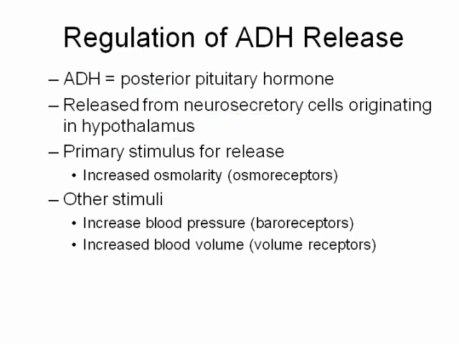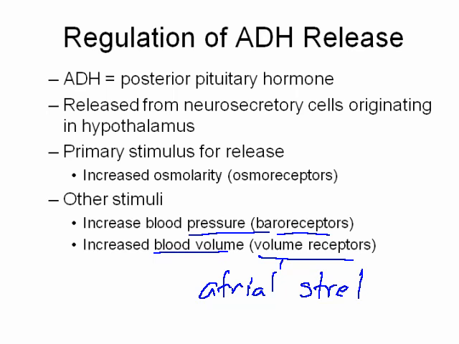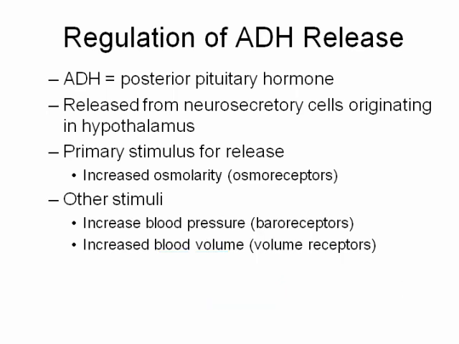The main stimulus for release is increased osmolarity due to what we call osmoreceptors that are themselves located in the hypothalamus. Other stimuli include increased blood pressure due to the baroreceptors and increased blood volume through the volume receptors. That is, these are atrial stretch receptors. We've talked about those previously in the cardiovascular lectures.